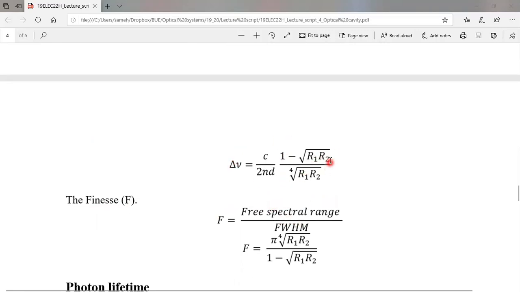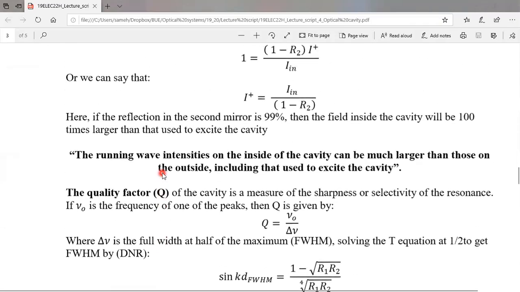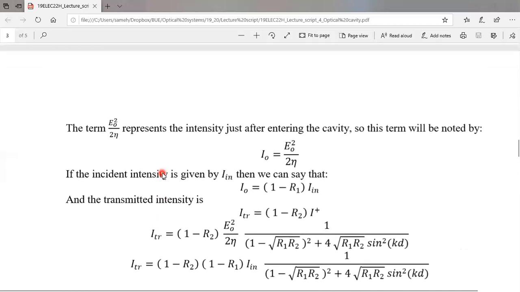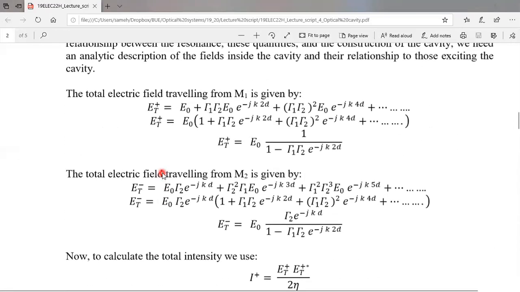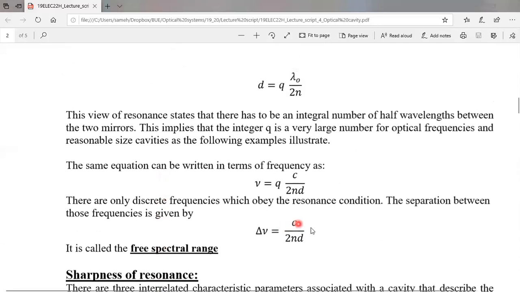This Δν is the full width at half maximum, and this Δν is the free spectral range. So if you divide the free spectral range over the full width at half maximum, you will get the finesse.